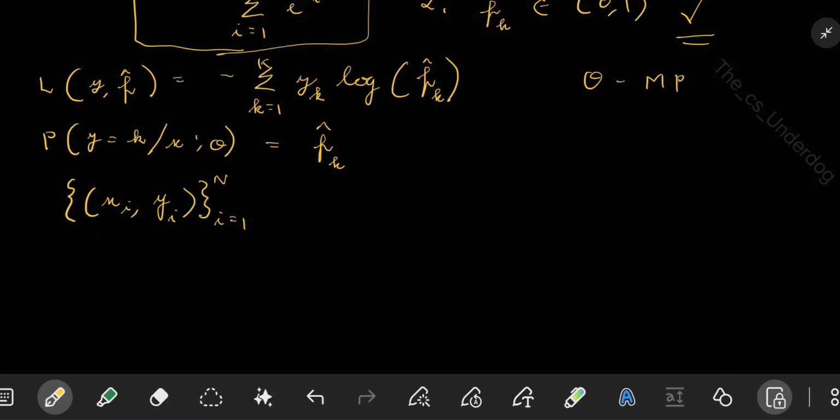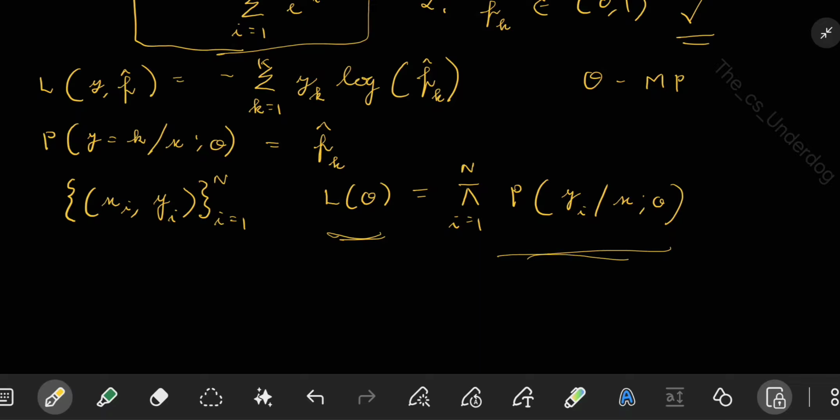Likelihood can be written as L of theta, where L is the likelihood: the product, i is equal to 1 to n, of the probability P of yi given xi and theta. So you want to find the maximum likelihood.